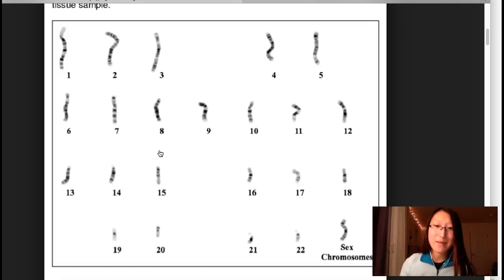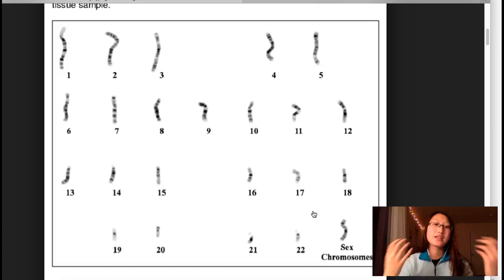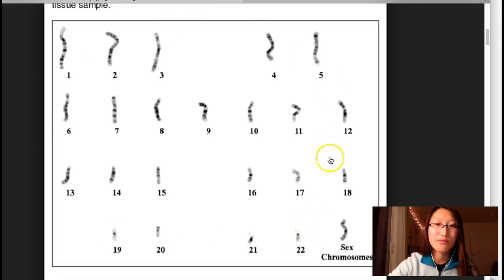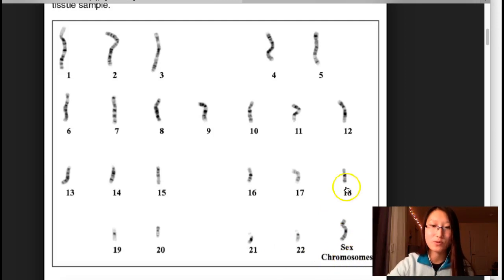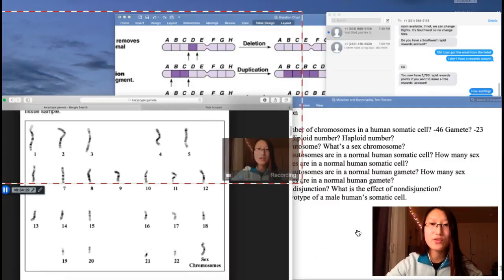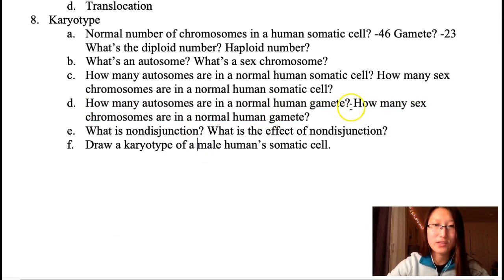In this gamete, there are only 22 autosomes because during meiosis the homologous chromosomes got split apart, so now you only get one copy of each type of chromosome. The first 22 are autosomes, and then you have one sex chromosome right here. Together, you get 23. So the answer for this one is 22, and this one is 1.